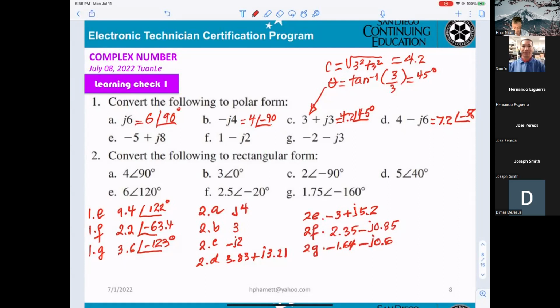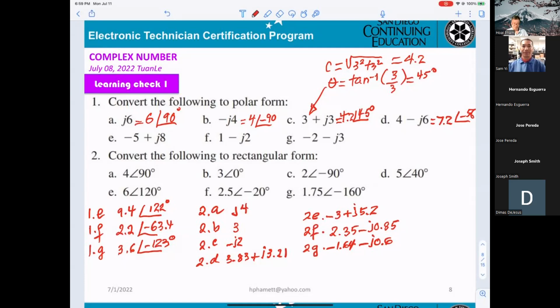Okay, so make sure you re-exercise, do it over and over and over. Later on, you have to do it all the time. You get polar, then you have to convert into rectangular. Or you get rectangular, you have to convert into polar.